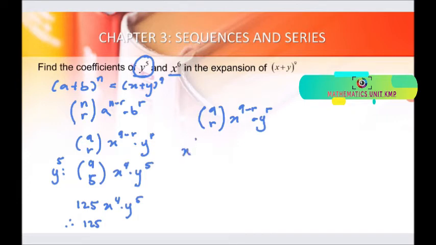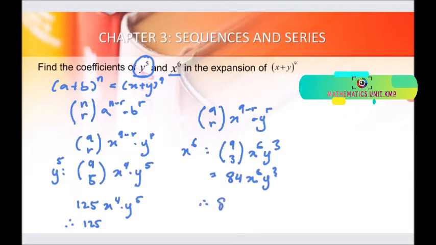For x to the power of 6, we have 9C3, x to the power of 9 minus 3. You get x to the power of 6 multiplied with y to the power of 3. And you will get 9C3 is equal to 84, x to the power of 6, y to the power of 3. And the coefficient for x to the power of 6 is 84.